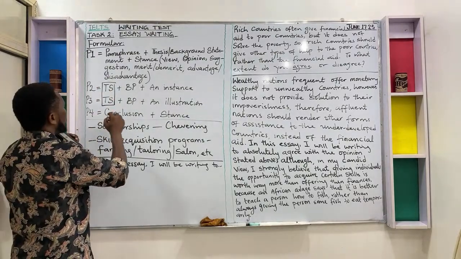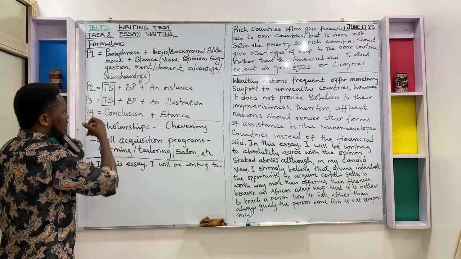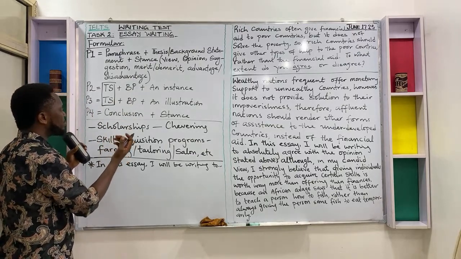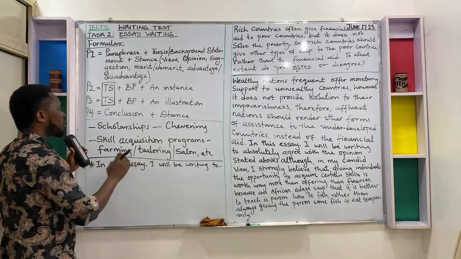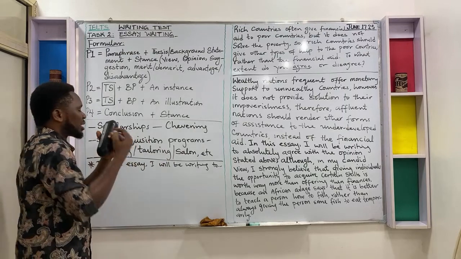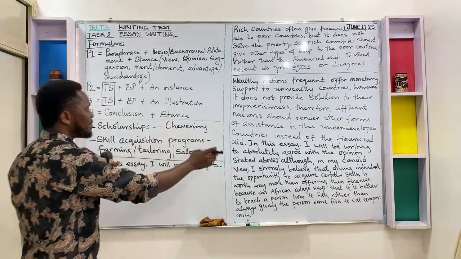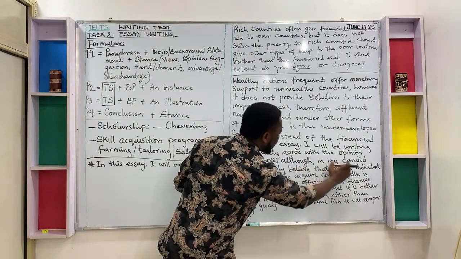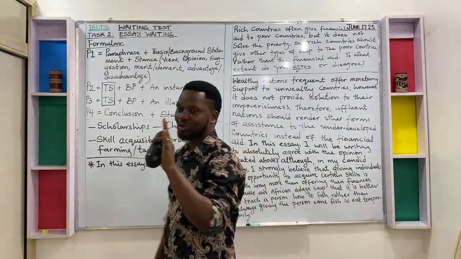So you are saying, conclusively, it is evident that giving poor countries avenues to improve by way of offering them scholarships as well as giving them some skills acquisition programs will not only help them to improve and be developed, but also empower them for life and be self-dependent and reliant. Therefore, in my experiential or professional opinion, I strongly believe that you now paraphrase this same opinion you wrote in your paragraph 4, and you're done.